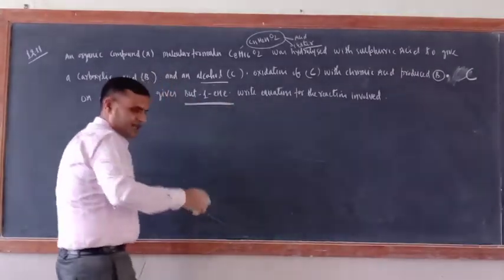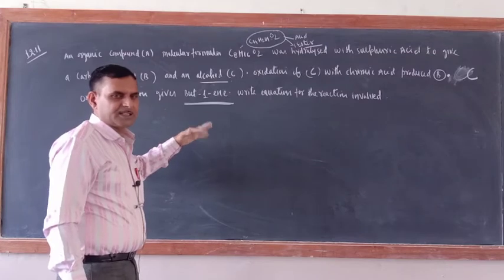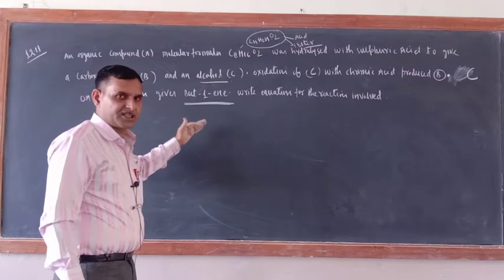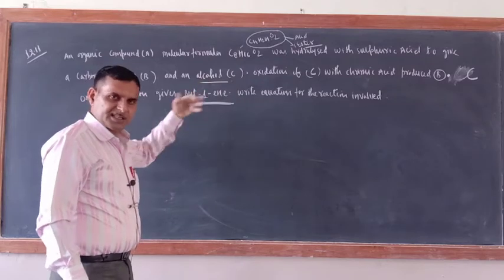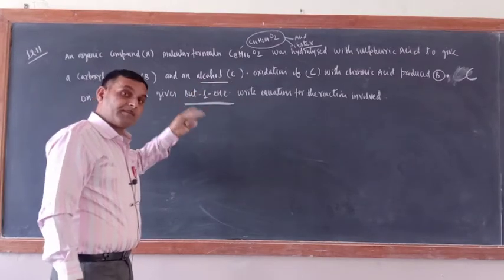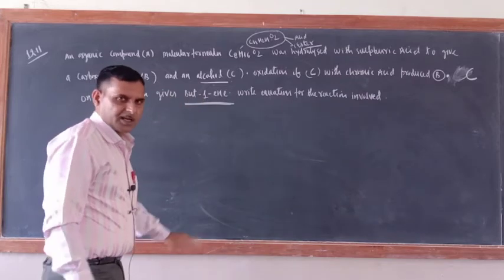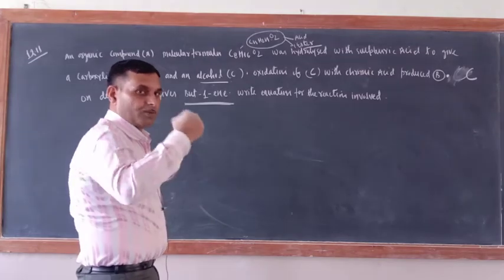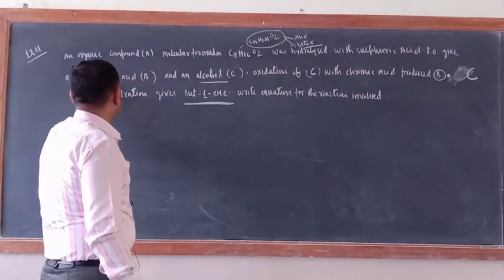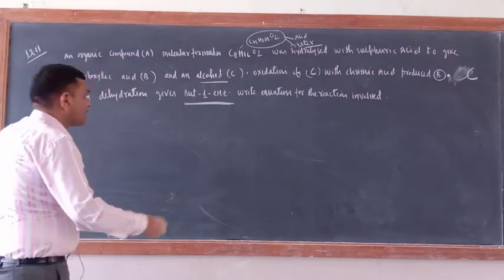That means a straight carbon chain is there, so it is not a branched alcohol. This alcohol which is formed here is a straight chain alcohol. If it would have been branched, then the alkene would also have been branched. So now you have got enough hints. The question that arises is that the carboxylic acid and alcohol both have the same number of carbon atoms.